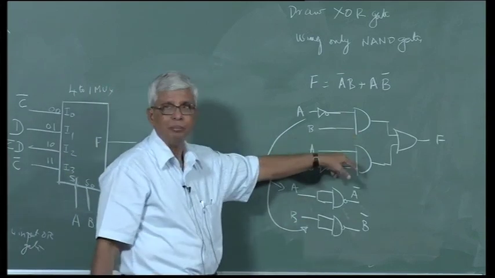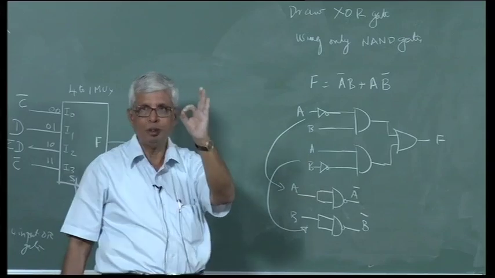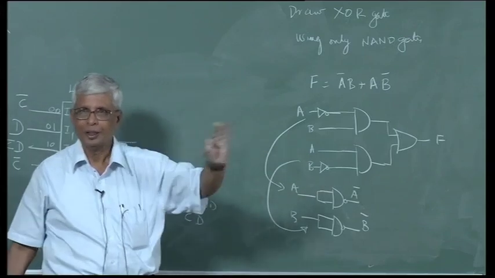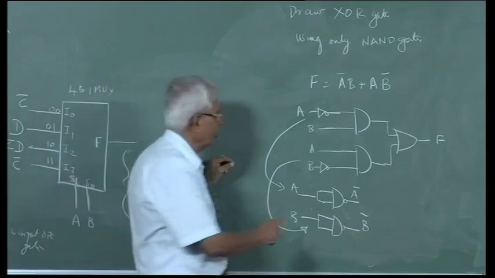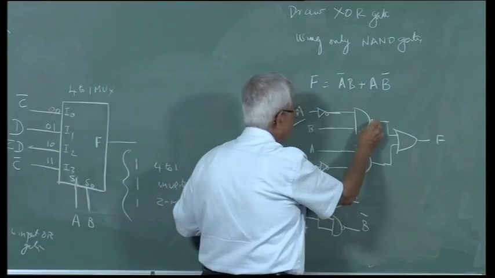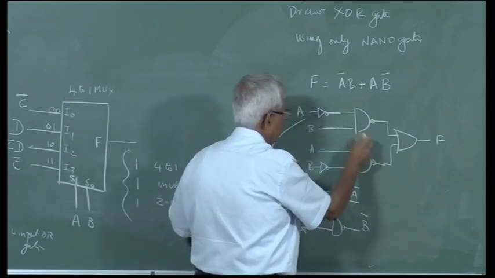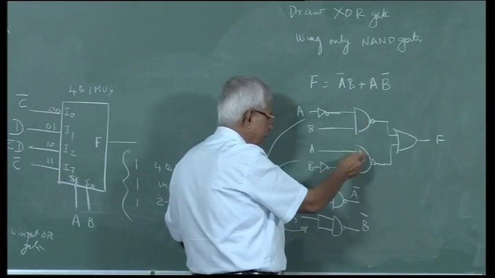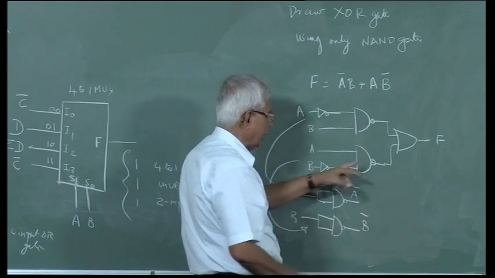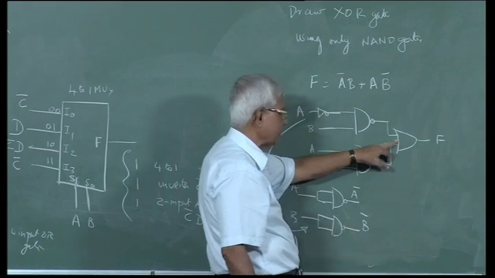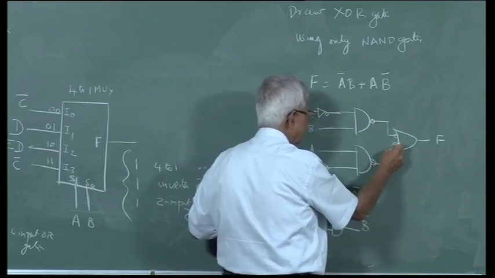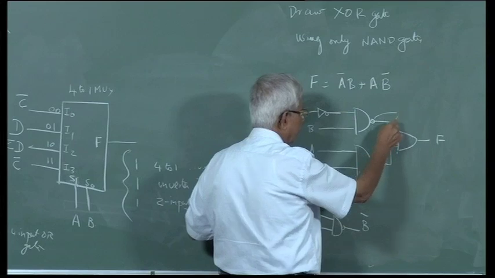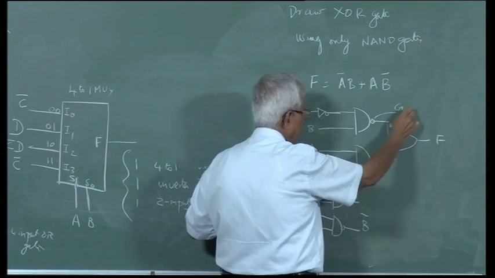Here is the problem. I told you the bubble theory. Put a bubble here and an input bubble, they get cancelled. This becomes NAND, AND becomes NAND, AND becomes NAND. I can't leave a bubble here because when I invert this, I should also invert this, bubbles get cancelled.